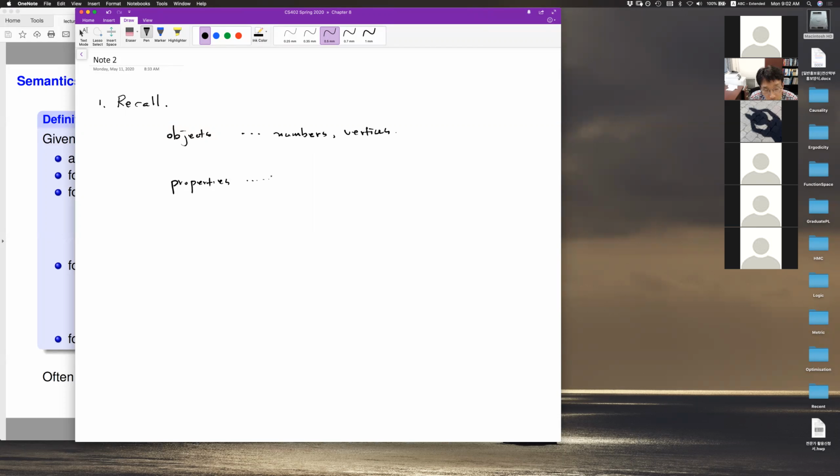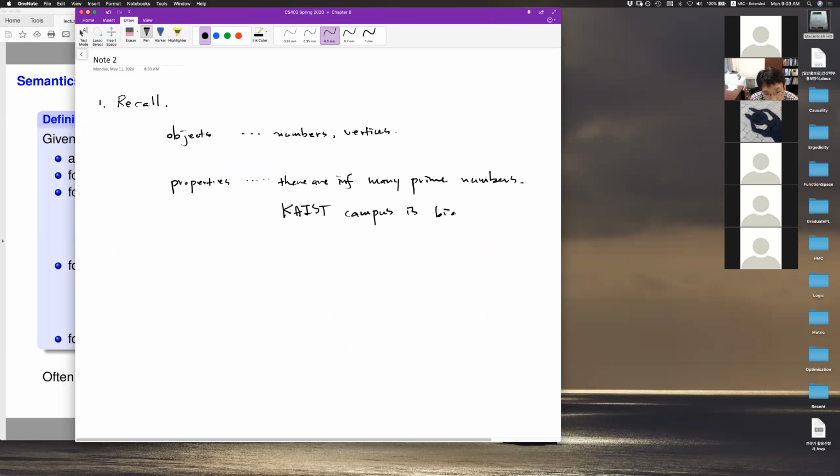Properties are really some facts or some claims about objects. So, for example, there are infinitely many prime numbers. That's one property. And another property, let's say, is KAIST campus is big.